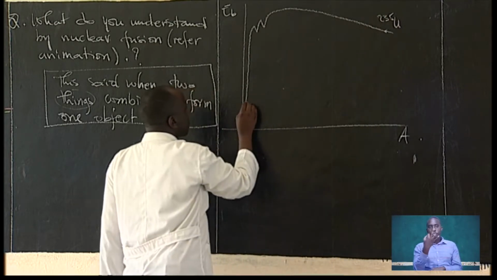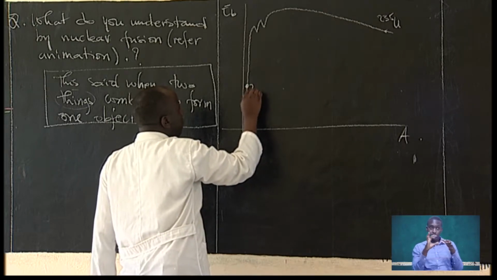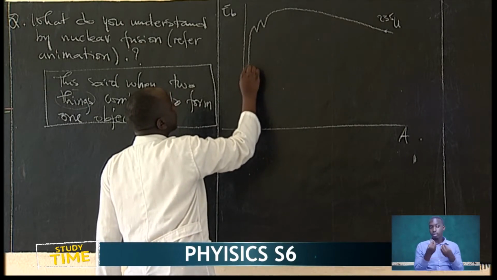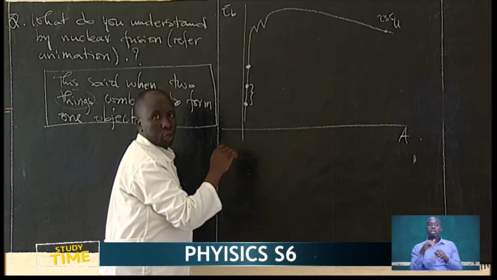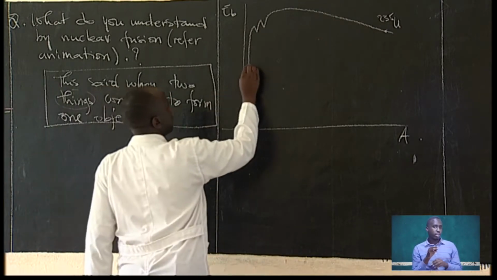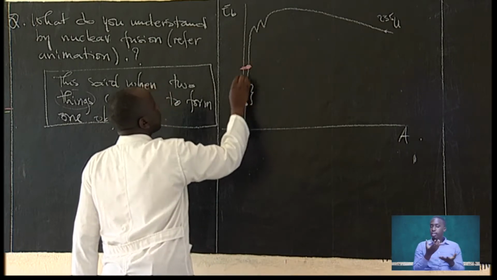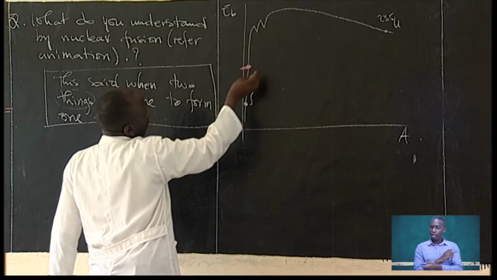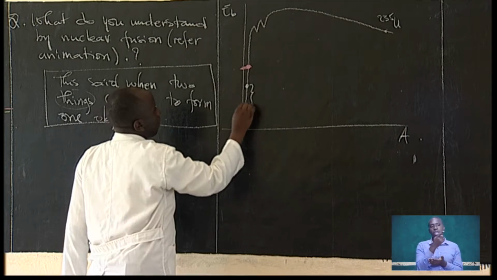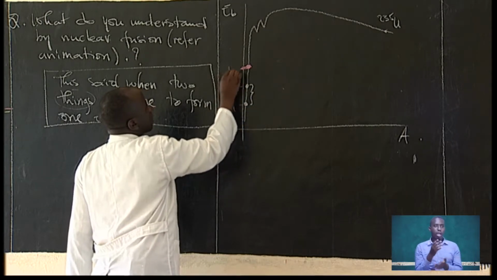But this time there is going to be the combination of these atoms here, to give another atom that is going to be at that level. So it means that the atom being produced is to be here. This one has an energy that we can now call, let's say this is E1, this is E2, this is E3.